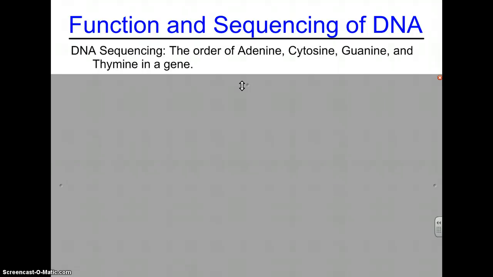Okay? Also, just so you know, these genes are different lengths. Some have the sequence of 100 bases. Some can have thousands. Some can have a few. Each gene is different lengths. But each gene codes for something different.